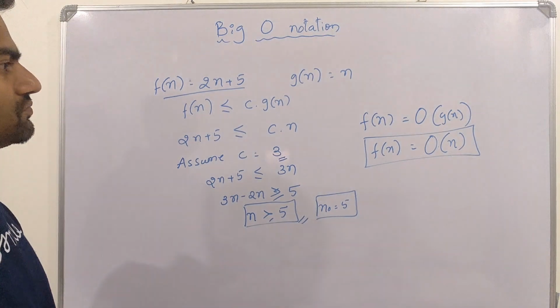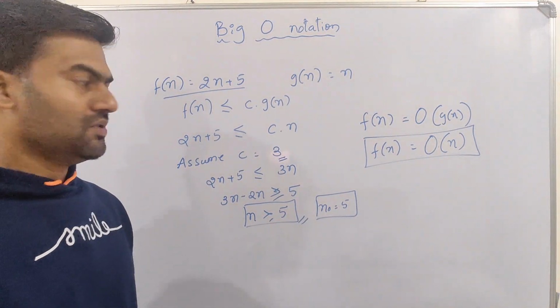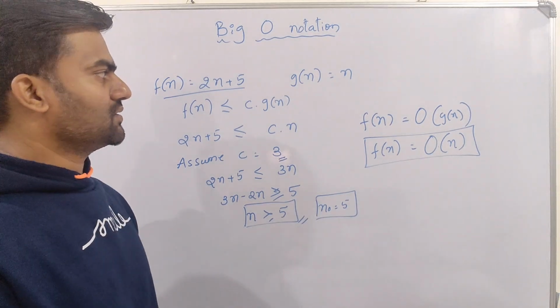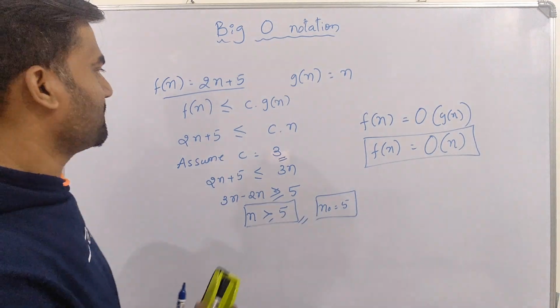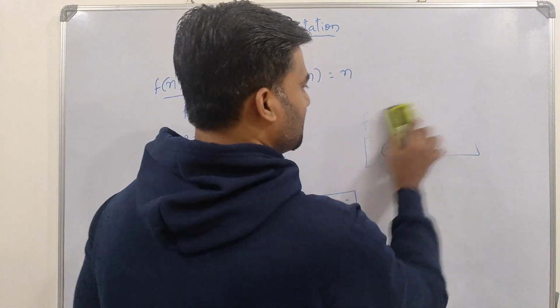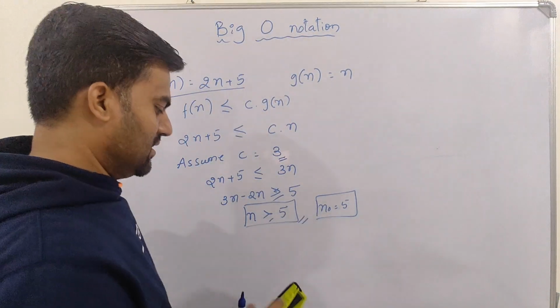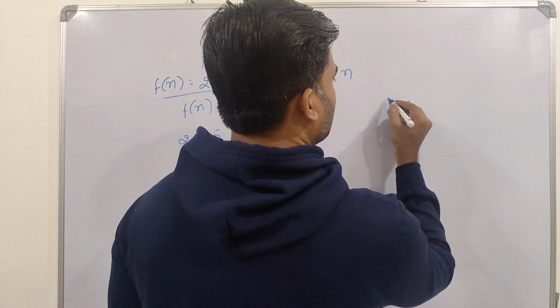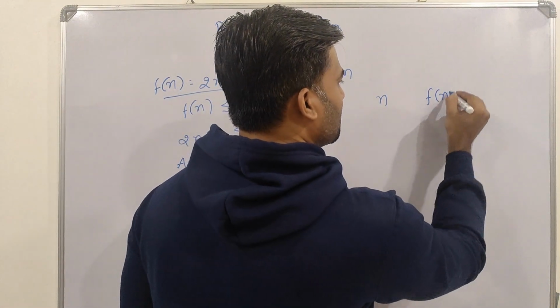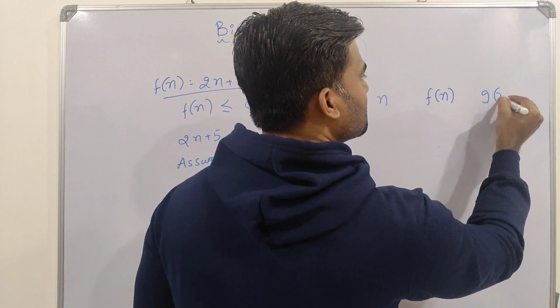Let us understand this a little more by substituting some values for these two functions. Let us take n value, f of n and g of n.